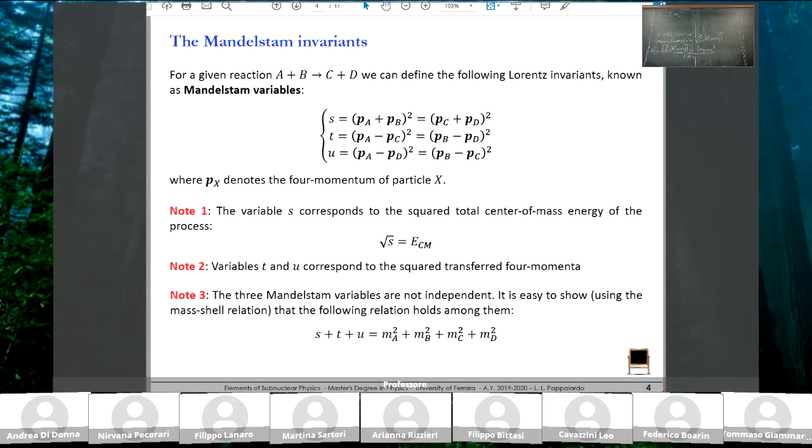Okay? And so when we substitute this into this, we obtain the threshold energy as I was defining before.